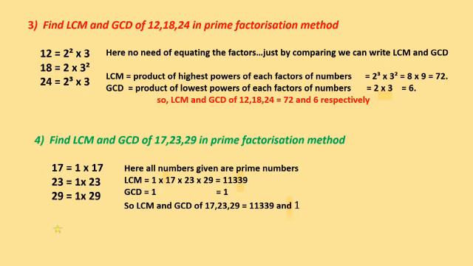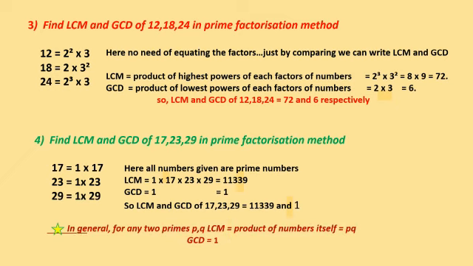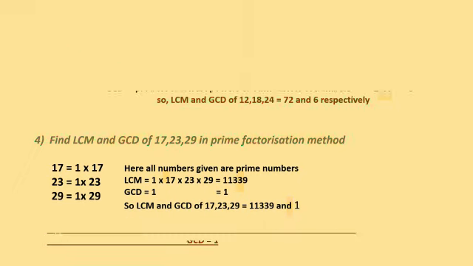So the important point here is, for any two prime numbers P and Q, the LCM is the product of the numbers themselves, that is P into Q, and the GCD is 1. This you have to remember.